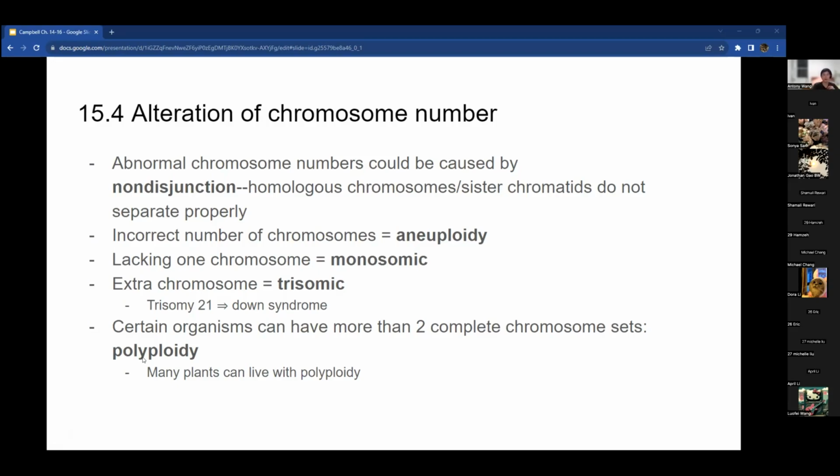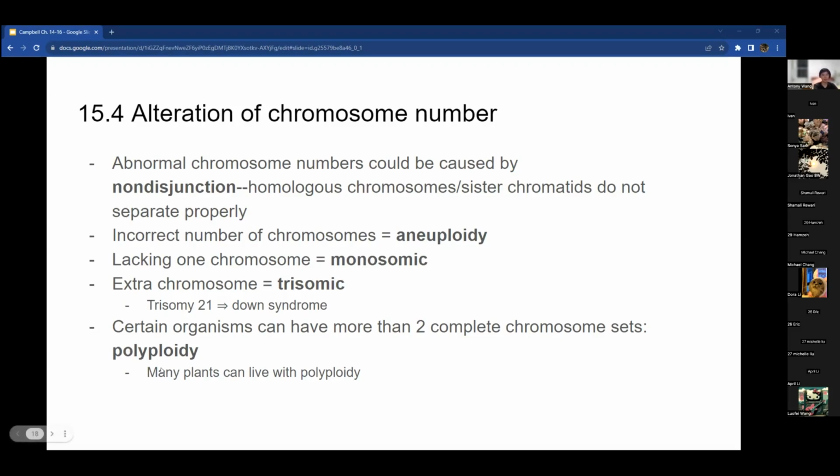An example of polyploidy in humans would be a human with 92 chromosomes. That's not aneuploidy because you're doubling every single chromosome that you have, resulting in two sets. In animals, this is almost always deadly. Usually aneuploidy is deadly by itself, so polyploidy is much worse.